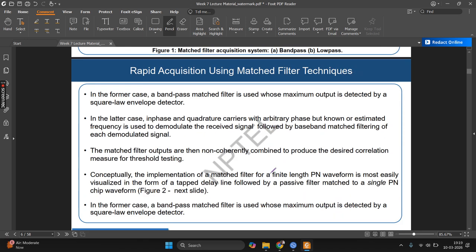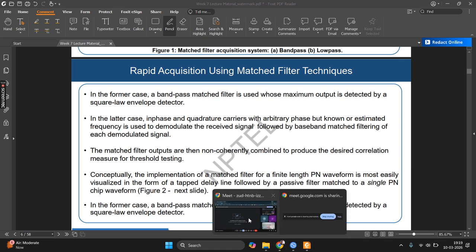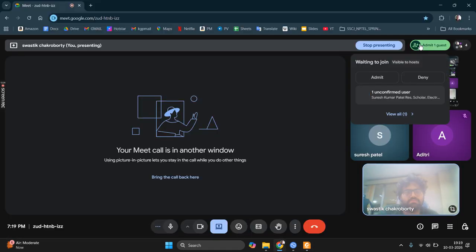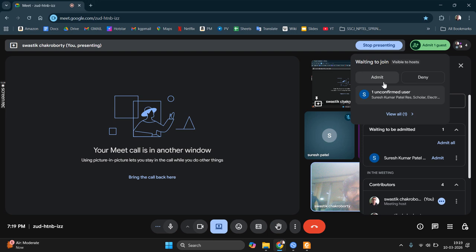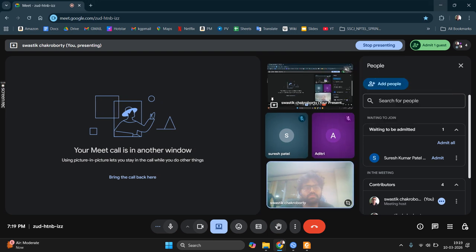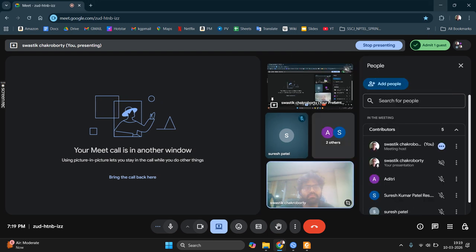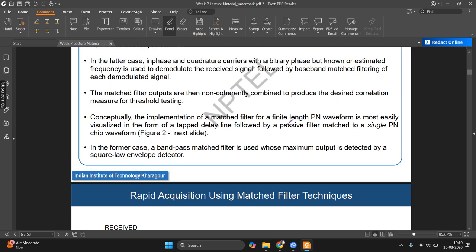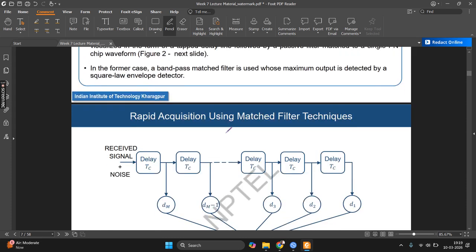Conceptually, the implementation of a matched filter for a finite length PN waveform is most easily visualized in the form of a tapped delay line, followed by a passive filter matched to a single PN chip waveform.